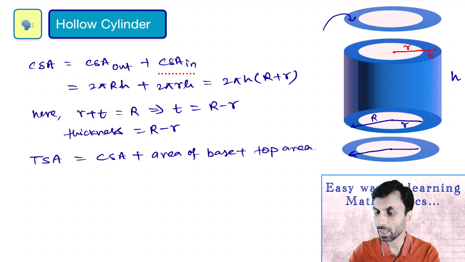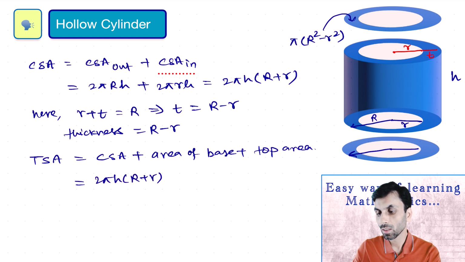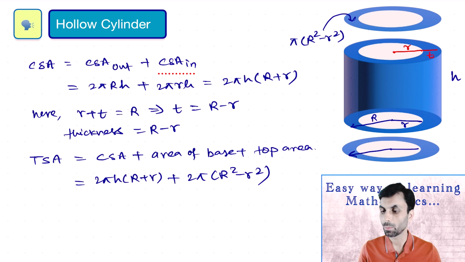So this will be pi into capital R square minus small r square. So we can write it as curved surface area, which is 2 pi h into R plus r, plus the area of base and top, which are both the same, so we can write it as 2 pi into R square minus r square. As when we add the base area and top area, it becomes 2 times pi into R square minus r square.